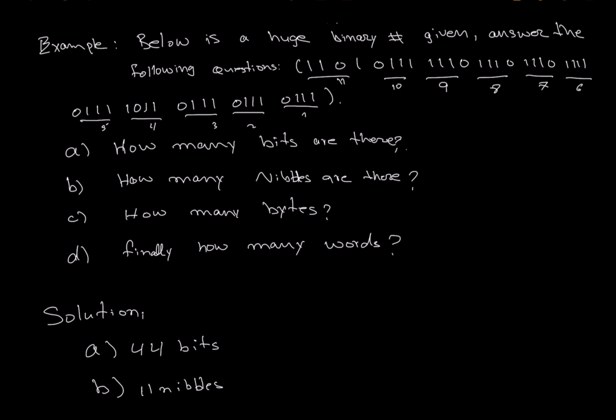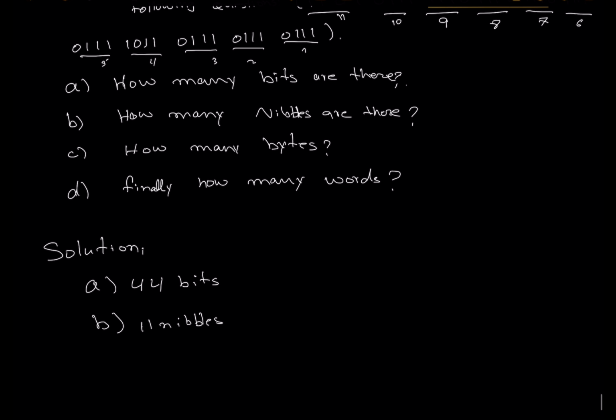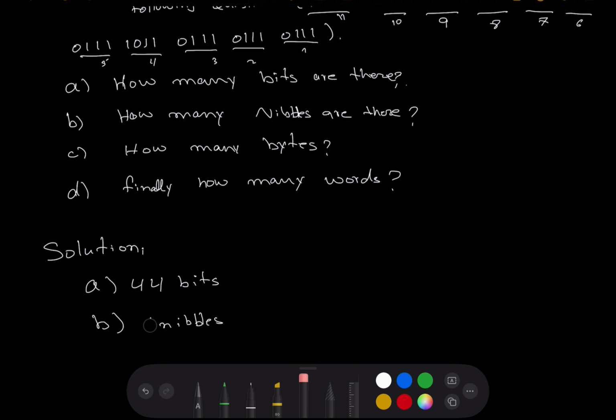Or you can divide 44 by 4, because there are 44 bits and one nibble is 4 bits. It will give you 11 nibbles. It will be 11 nibbles, sorry.